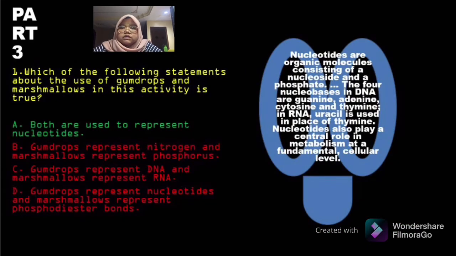Moving to the multiple choice questions in part 3. So, which of the following statements about the use of gumdrops and marshmallows in this activity is true? So, the answer is A, that both are used to represent nucleotides.